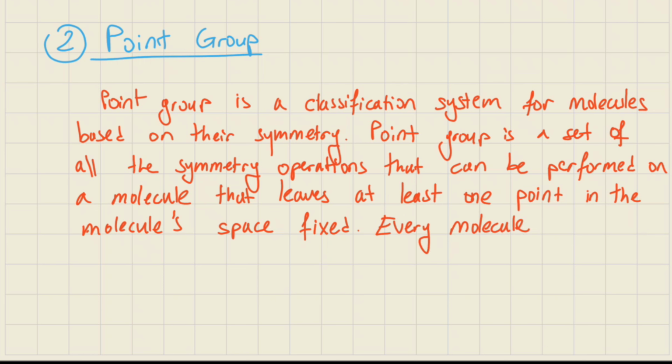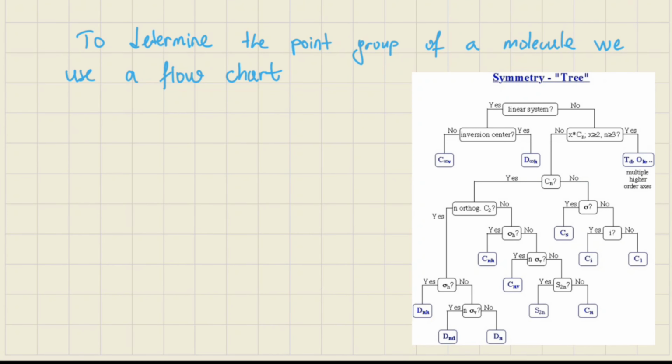Every molecule can be assigned to a specific point group. To determine the point group of a molecule, we use a flowchart. You can see a flowchart here, also called a symmetry tree.